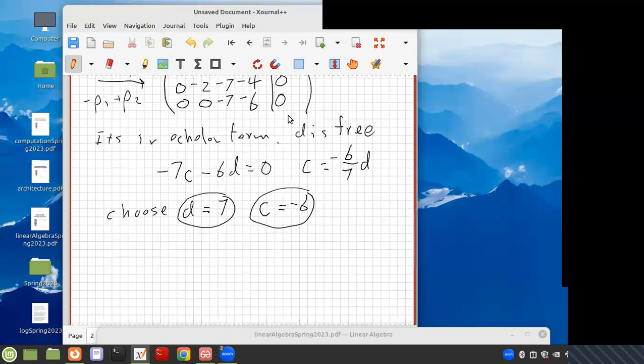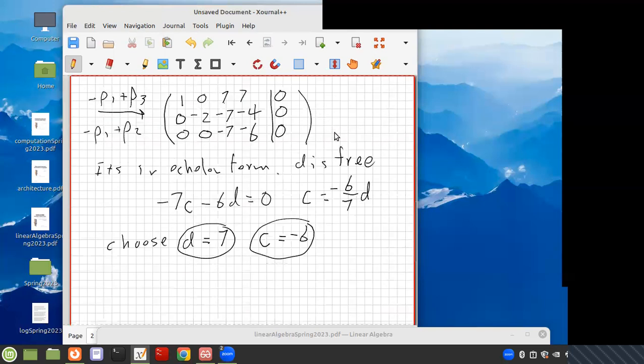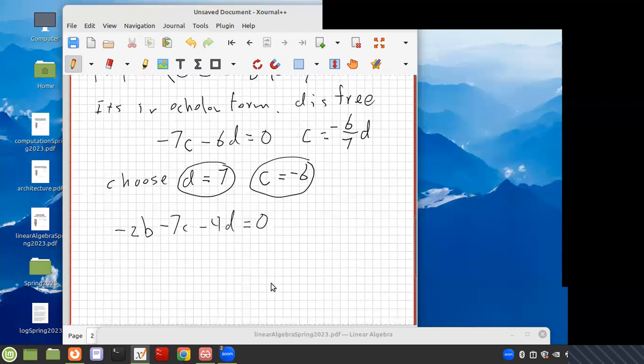So let's go on and see what happens with this choice. This is minus 2B minus 7C minus 4D equals 0. I've chosen D equals 7 and C equals minus 6. This is minus 2B minus 7 times minus 6 minus 4 times 7 equals 0.